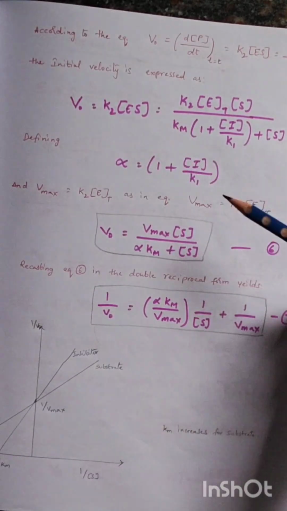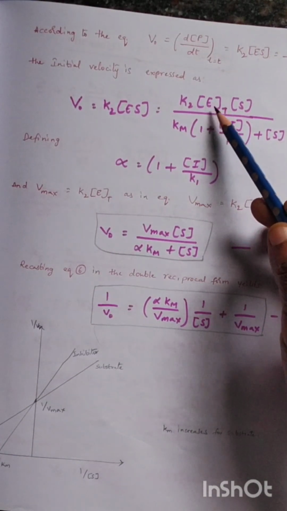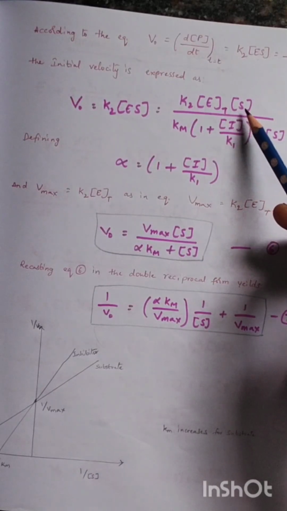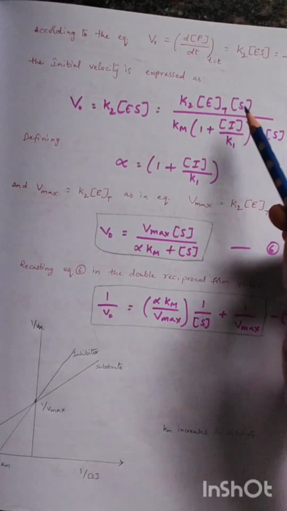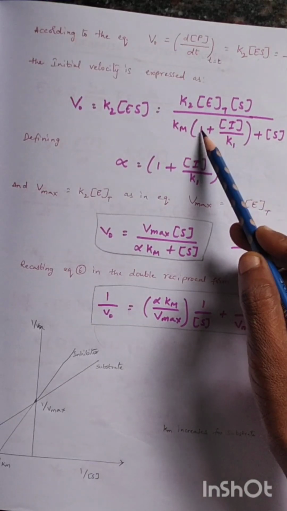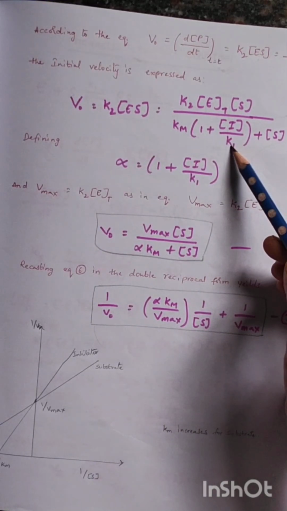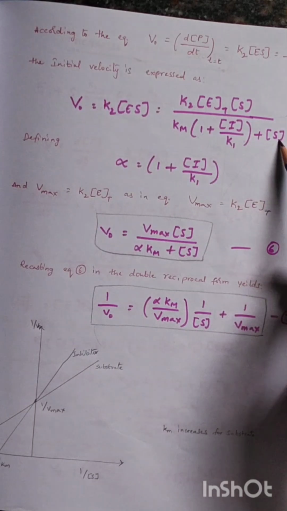If we expand it, we get K2 into Et, total enzyme, into the concentration of substrate, whole divided by Km into 1 plus the concentration of inhibitor by K1, plus the concentration of substrate.